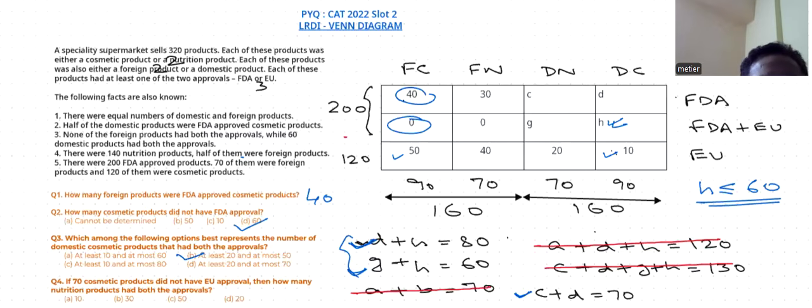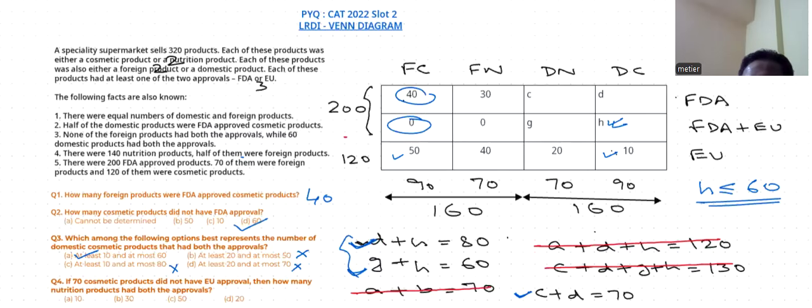It will be option A, maximum 60. Option B is maximum 50, and the other options are maximum 80 and maximum 70, so they are not done. Anything beyond 60 is not done, so options C and D cancel out. Option A says maximum 60, so that will be the answer in our case.